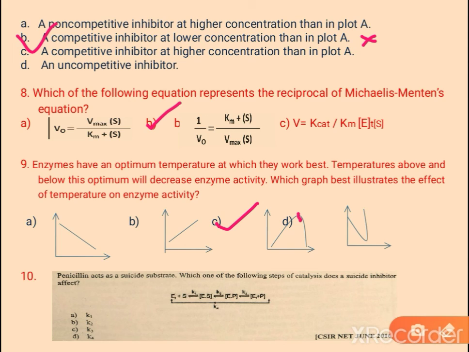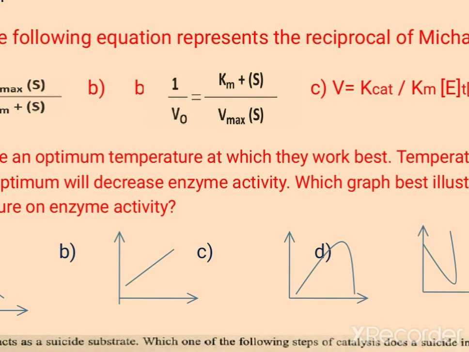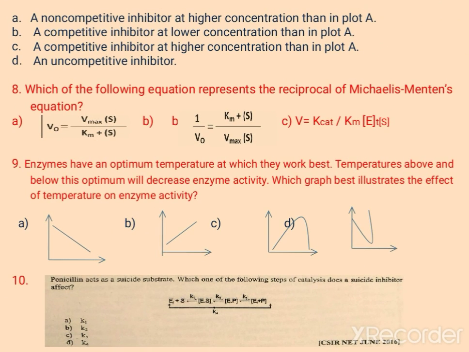So the last question is, penicillin acts as a suicide substrate. Which one of the following steps of catalysis does a suicide inhibitor affect? So here you can see the options. The penicillin obviously affects the K3 reaction, because penicillin acts as an irreversible inhibitor.